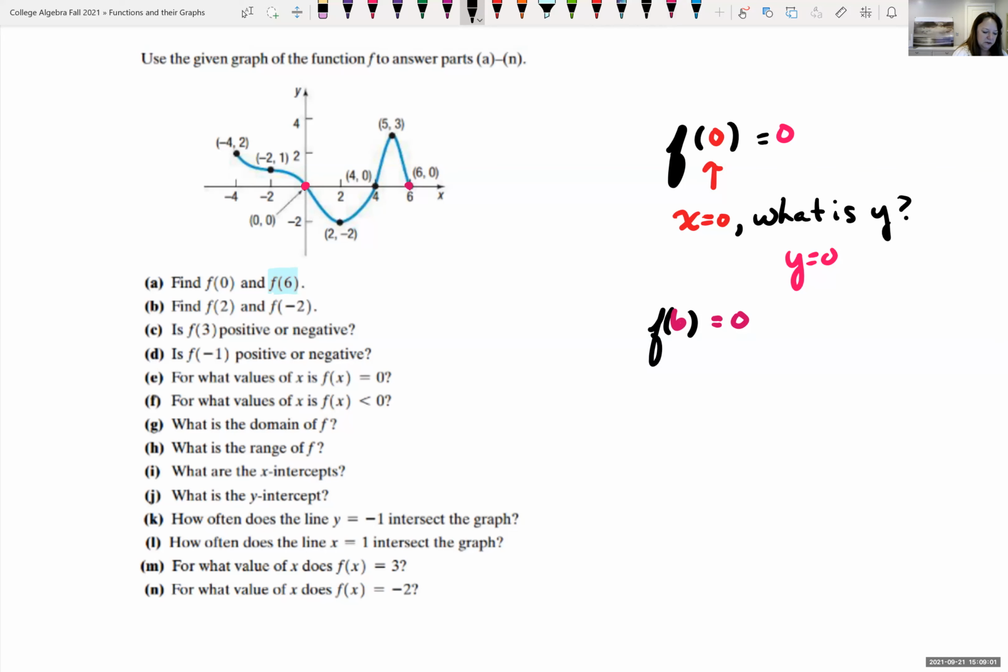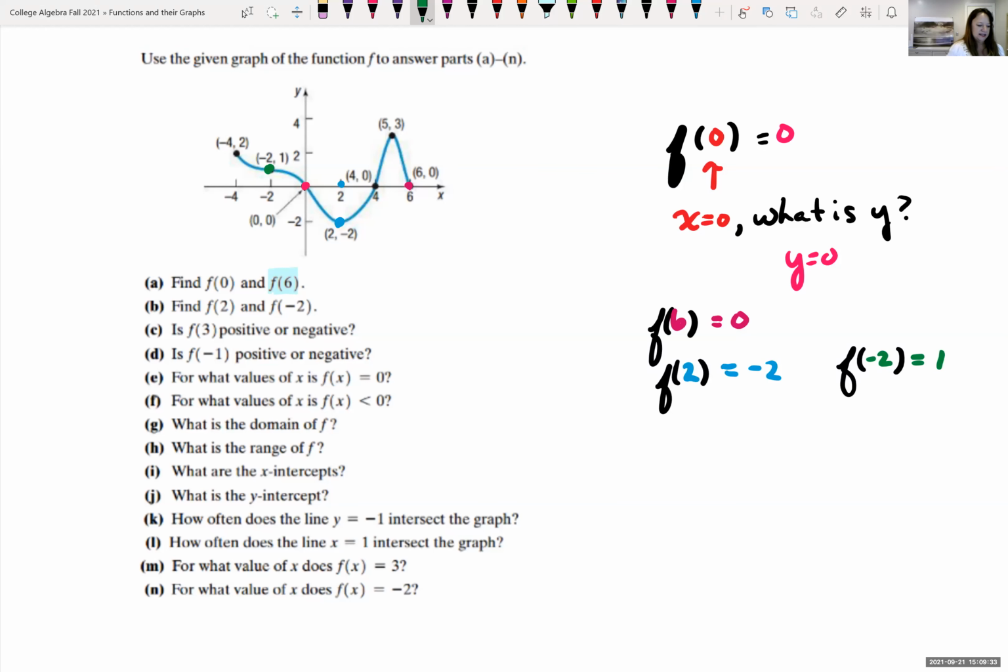So f of 2, when x equals 2, look at the graph and see what your y value is. Your y value there is negative 2. So f of negative 2, when x is negative 2, y is 1.